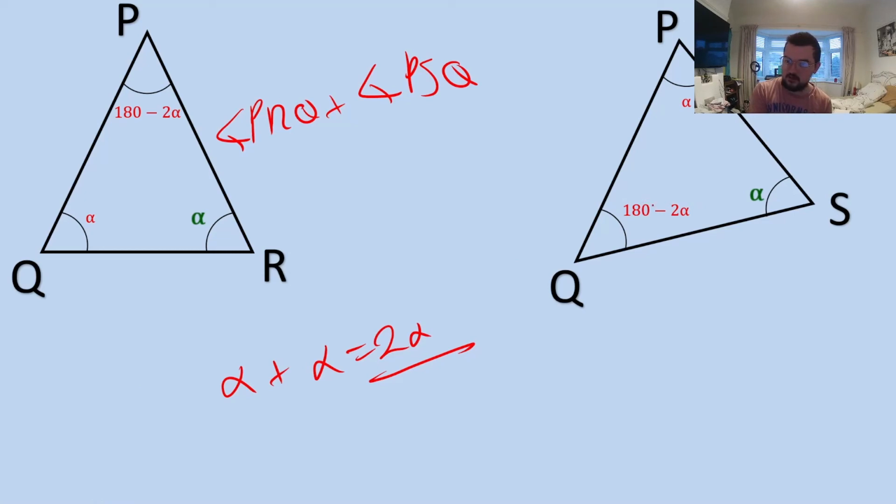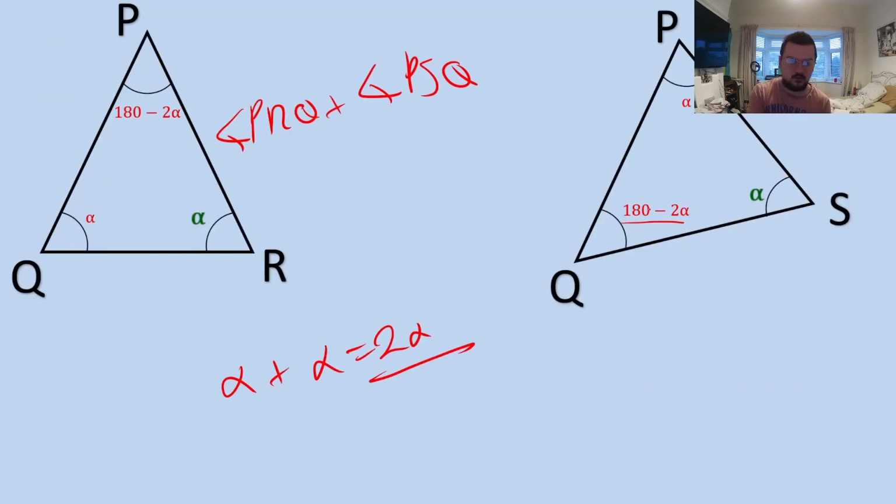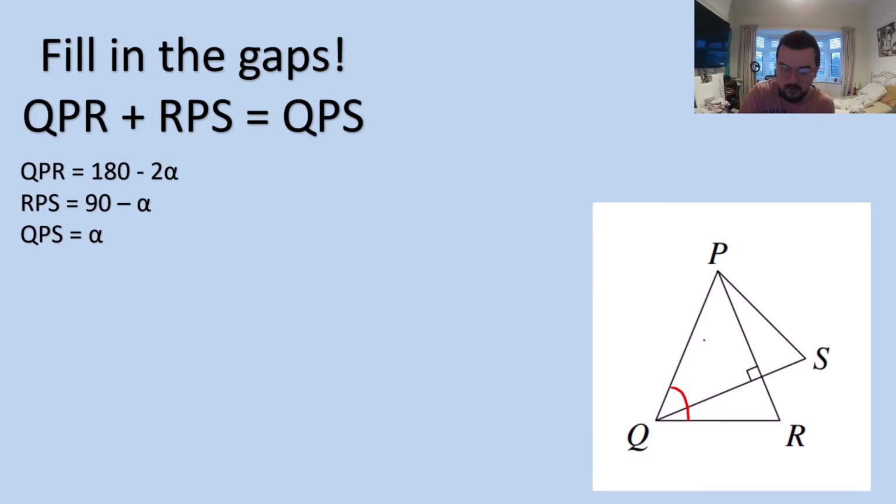We've said that this angle is 180 minus 2 alpha, PQS.